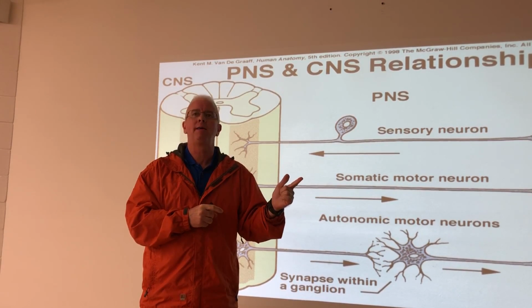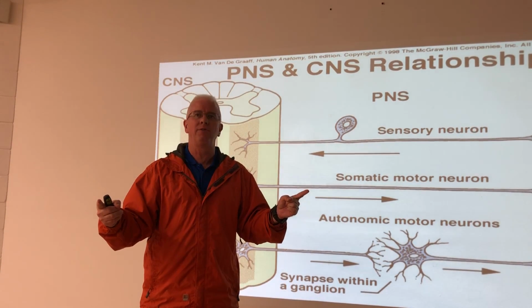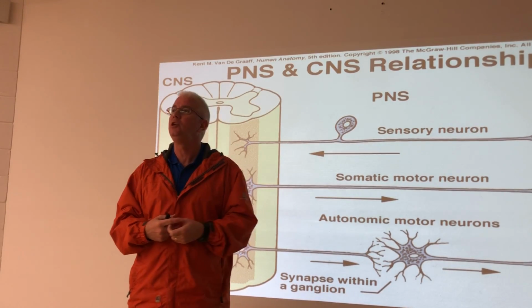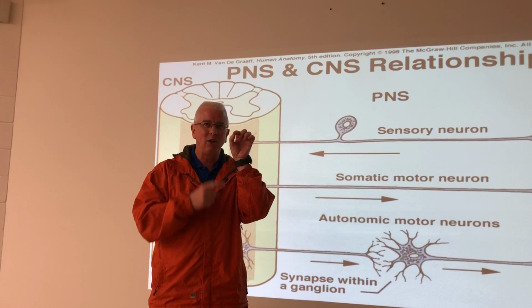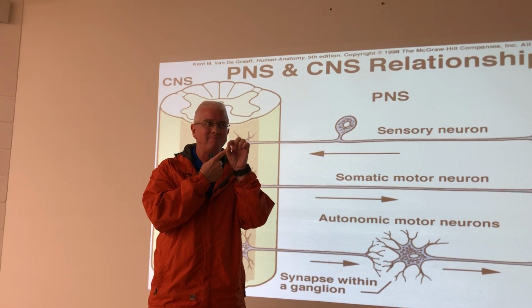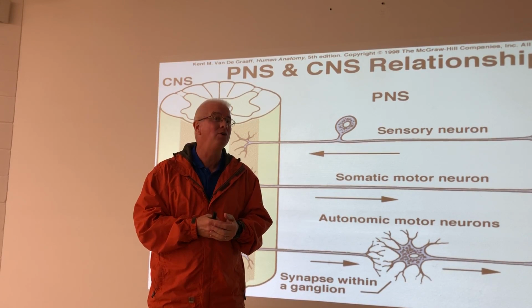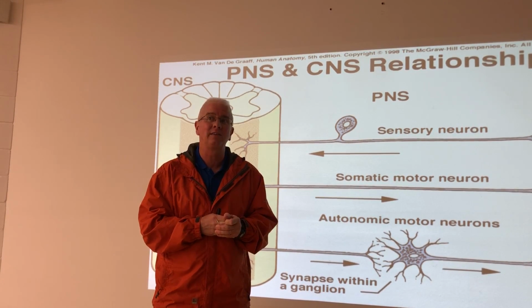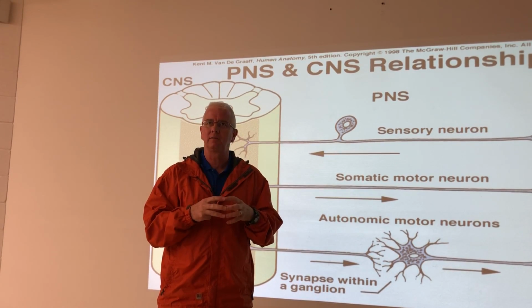The neuroanatomy people and the basic biology people didn't get together on this. Because when I say nucleus to you, your first thought is a cell organelle that has the DNA in it, right? That's what a nucleus is. That's not what you mean when you say nucleus in the nervous system. A nucleus in the nervous system is a cluster of neuronal cell bodies.